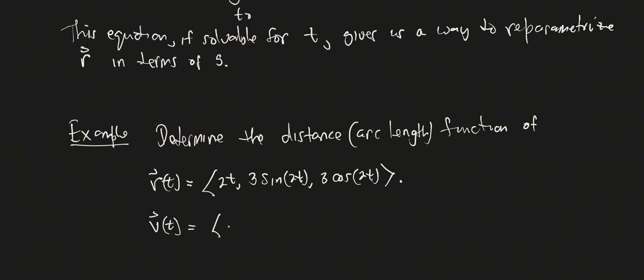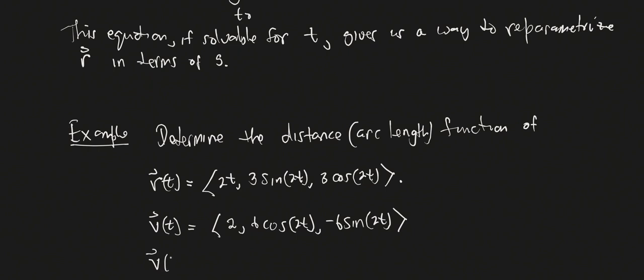The derivative of 2t is 2. The derivative of 3 sine of 2t is 6 cosine of 2t. The derivative of 3 cosine of 2t is negative 6 sine of 2t, right? And if you wanted to, in fact, we could have done it up here.